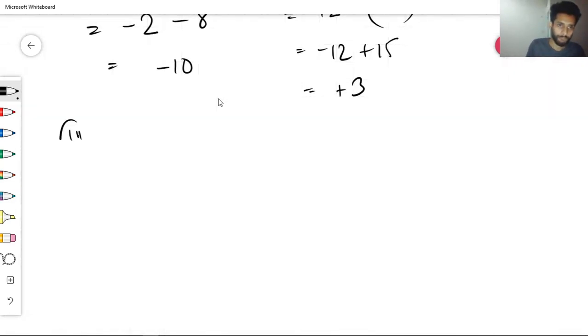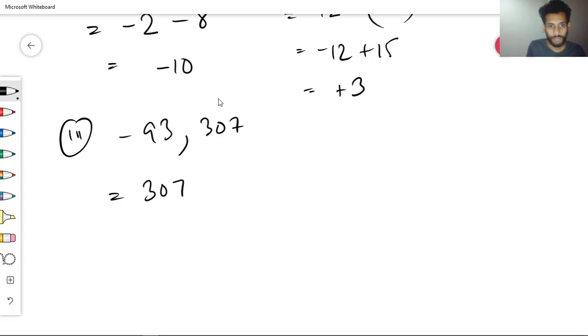Now 3, question number 3, minus 93 and 307. So here first of all we have to write 307, then after minus 93. This minus is because of the subtraction, and this minus, it already has a minus. So it will be 307 plus 93.